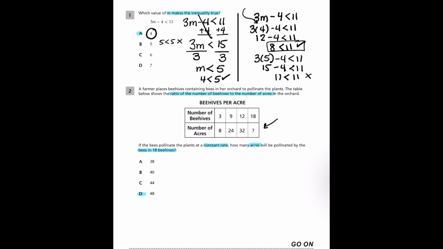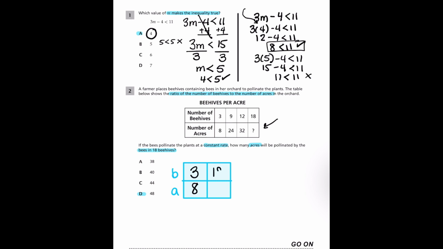So I'm going to start by making a ratio table. I'm going to start with the first ratio. I'm going to put B for beehives, A for acres, and I'm going to use my simplest ratio. When I have 3 beehives, they pollinate 8 acres.